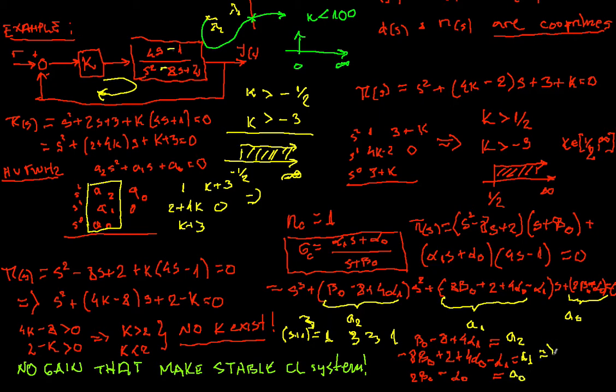This will be pretty much like some A matrix. We will have the parameters here, alpha 0, alpha 1, beta 0, and here we will have A2, A1, and A0.